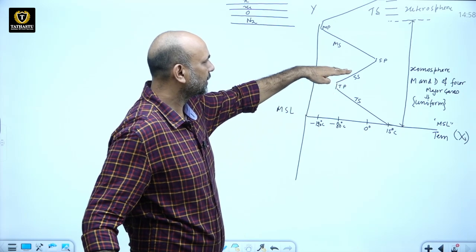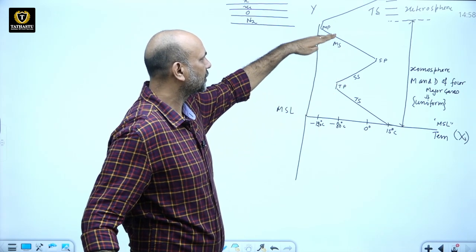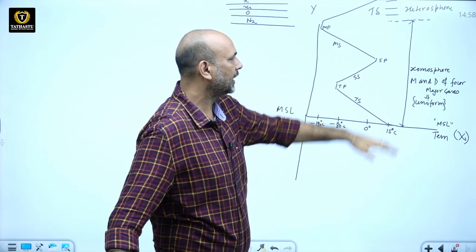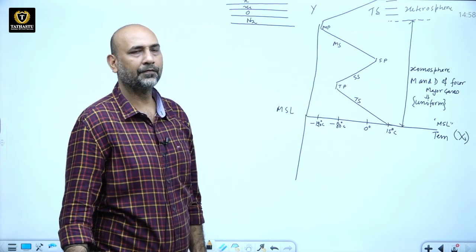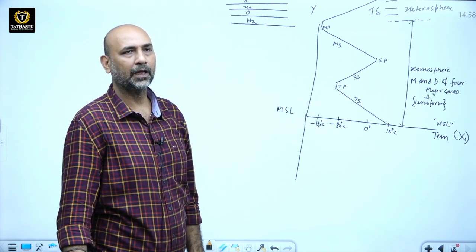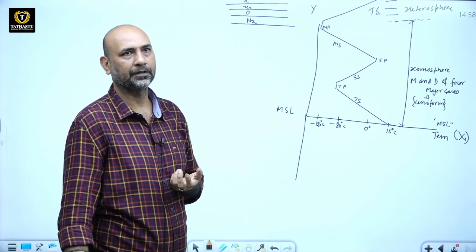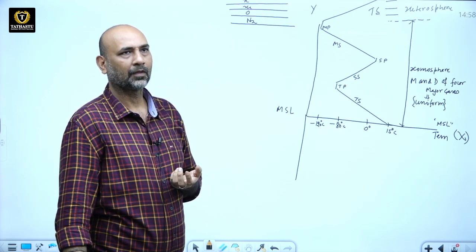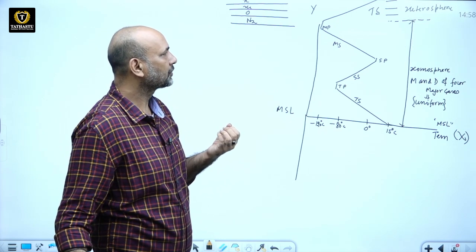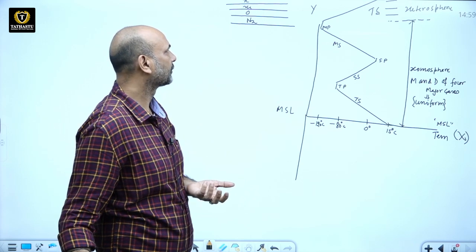Troposphere, tropopause, stratosphere, stratopause, mesosphere, mesopause are described as the homosphere of the atmosphere, in which 4 major gases are uniformly mixed and distributed. Thermosphere is also described as heterosphere.